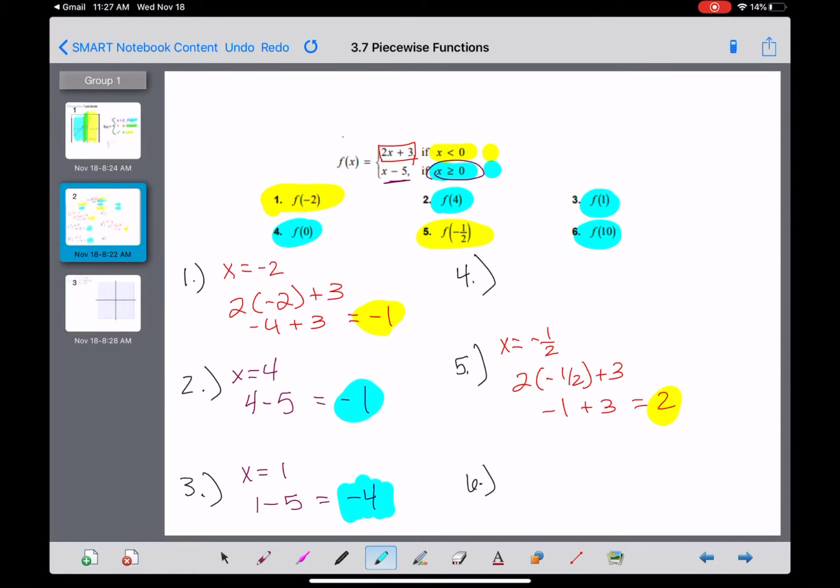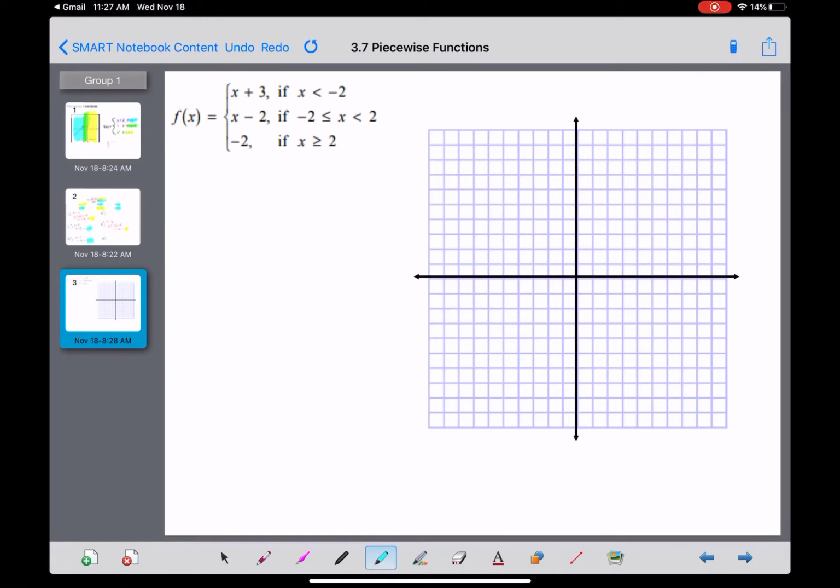Lastly, we're going to graph these by hand. When I'm graphing by hand, I want to look at the domain to start to see how I'm going to divide my graph into 3 different sections in this case, since I have 3 different lines, to match each line with its specific domain.